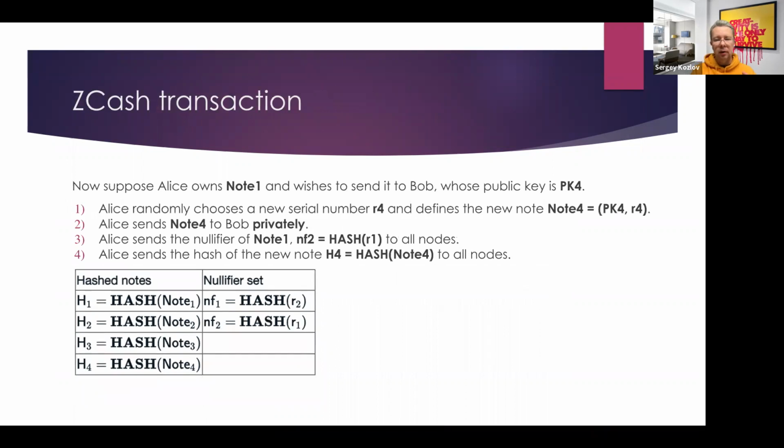Then how do we transfer the transaction? How do we make this transaction privately from one address to another? We, in fact, create this fourth node, send it to the new address, and then we add the nullifier.